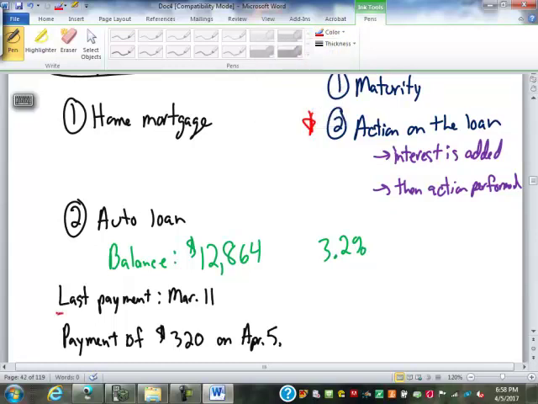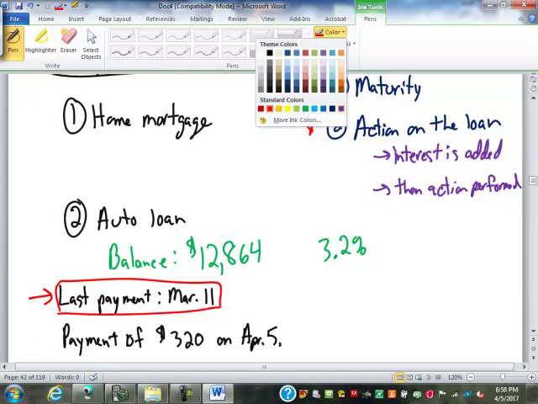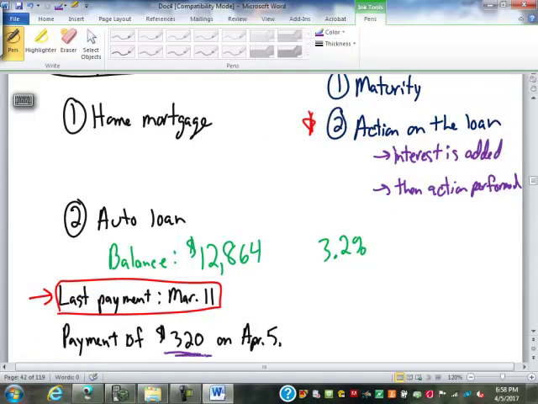Now, why did I have to tell you when the last payment was made? You need to know how many days in between. Exactly. I need to know the days in between. We know that at this date, the interest was figured in and added in, so the interest is current up to that date. Before we can make this payment of $320 on April 5th, we have to get the interest current.